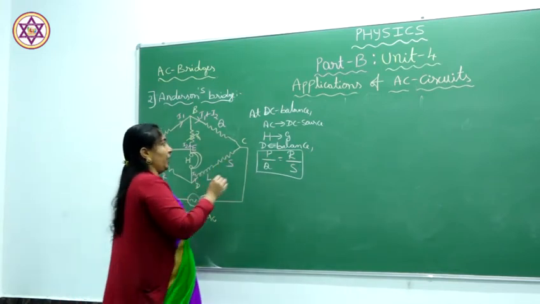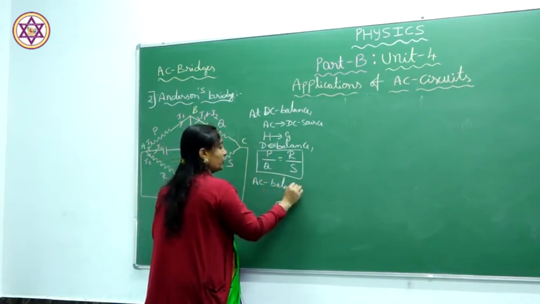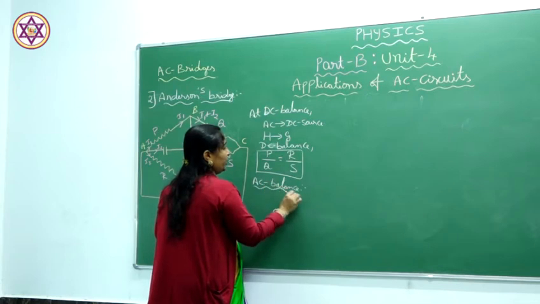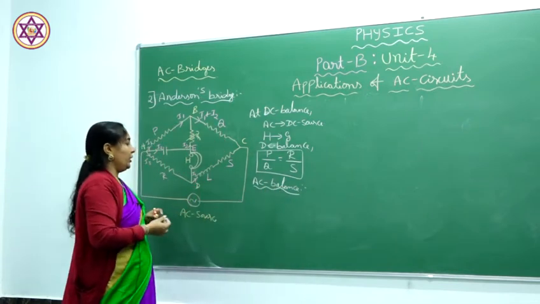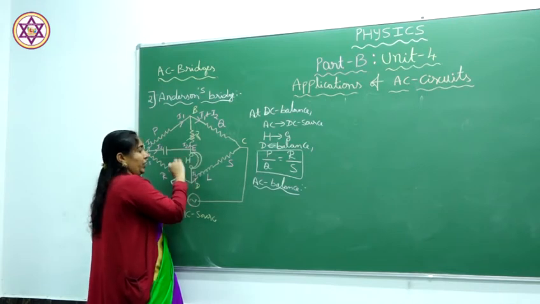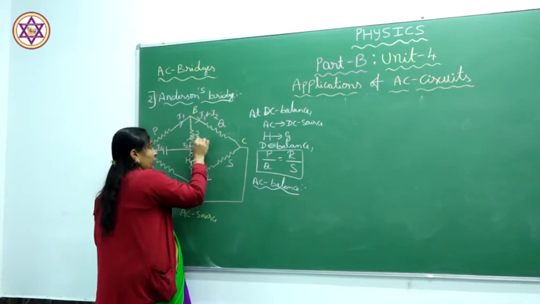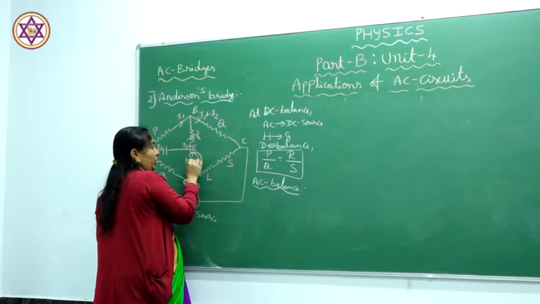Now for AC balance. To obtain the AC balance, what do we have to do? The DC source is again replaced by AC source and the galvanometer is replaced by headphone, and also vary the small resistance r until we get the minimum sound in the headphone.